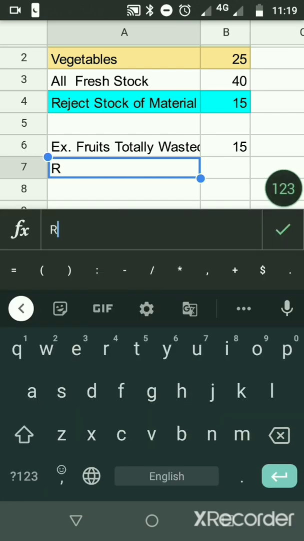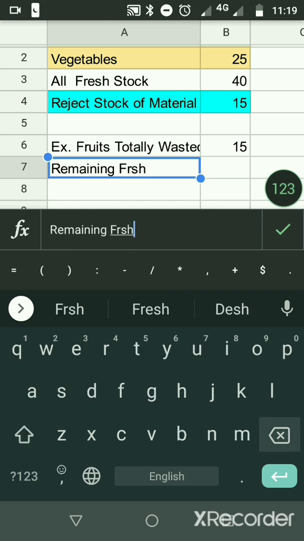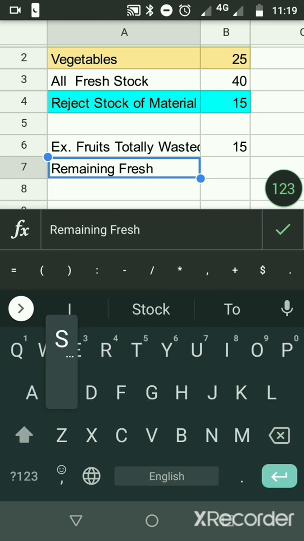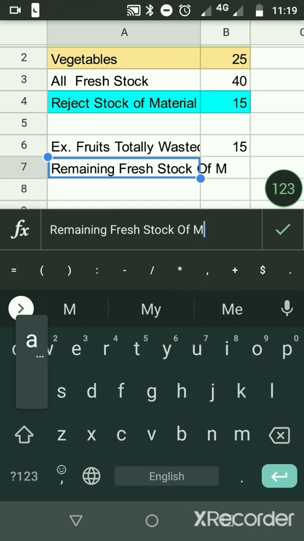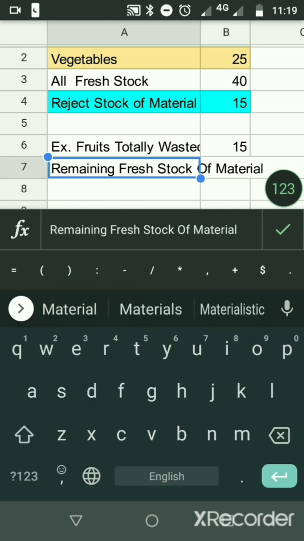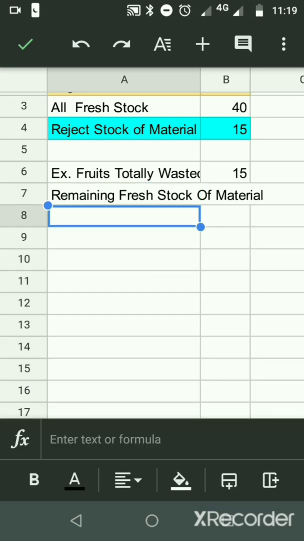Remaining fresh stock of material. Okay.